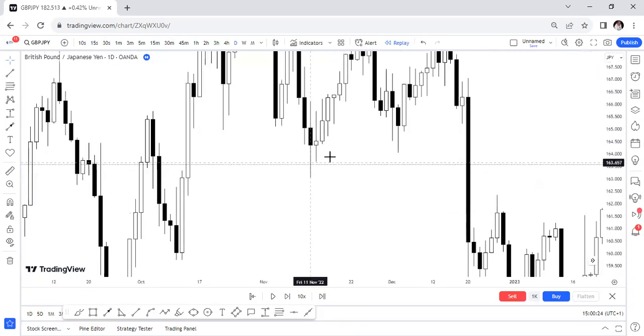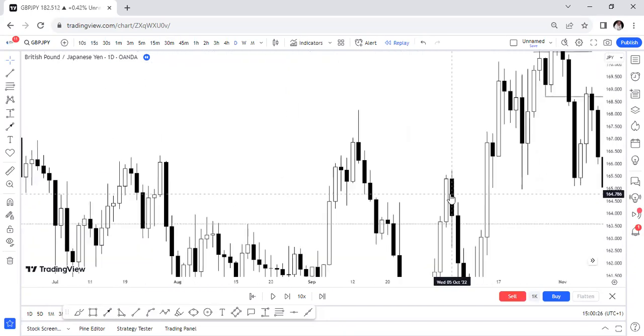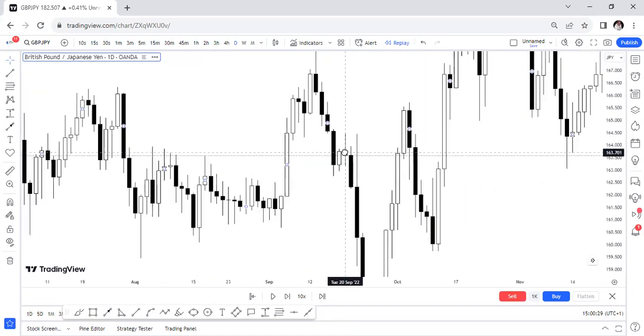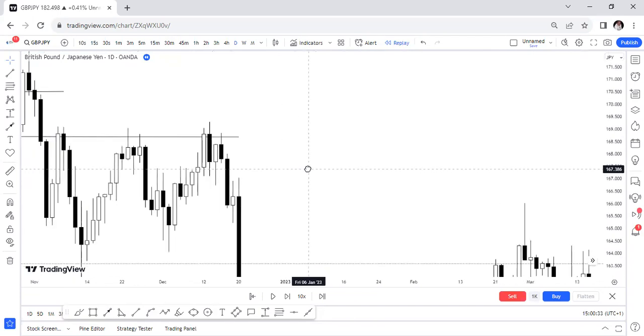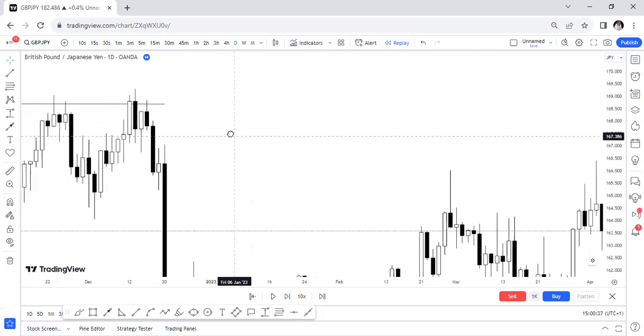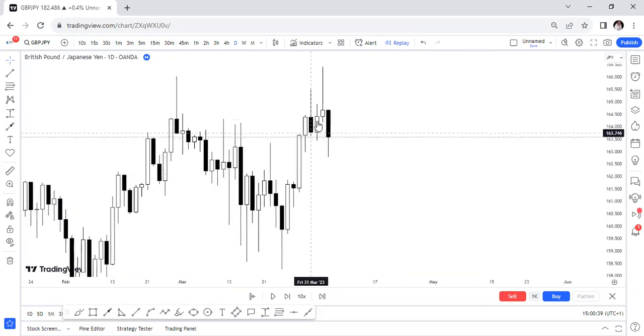So we want to see a failed bearish engulfing. This is a failed one. For example, this is a failed one. Got this failed one.